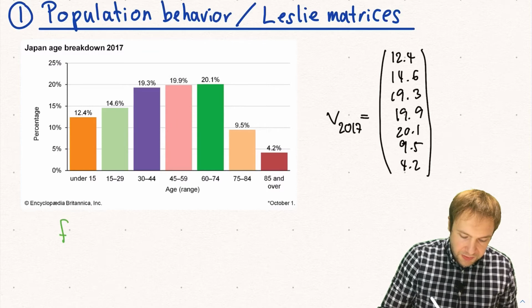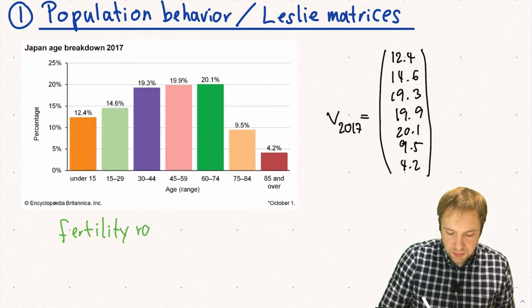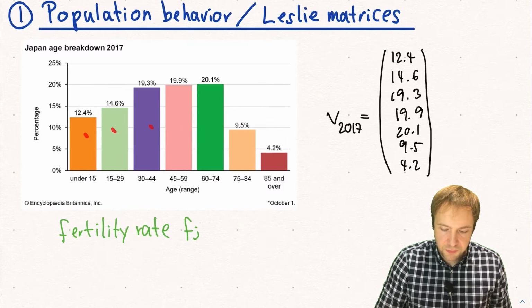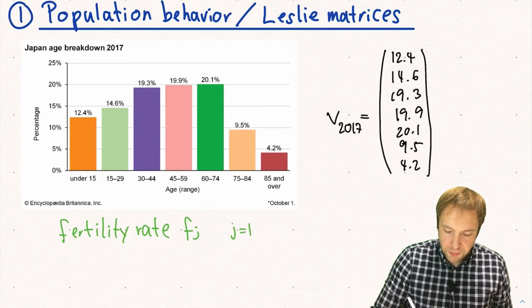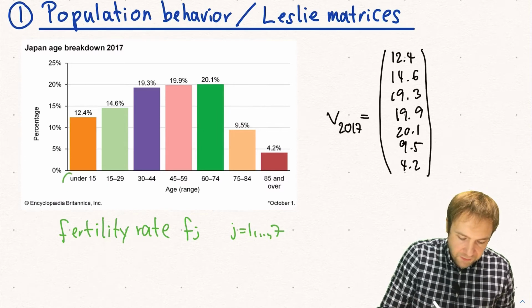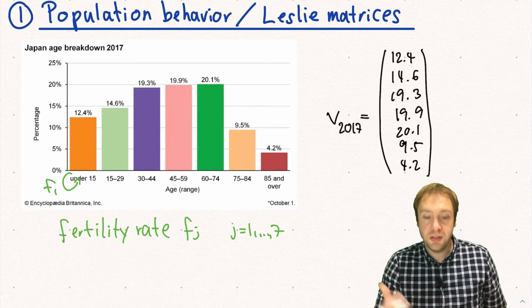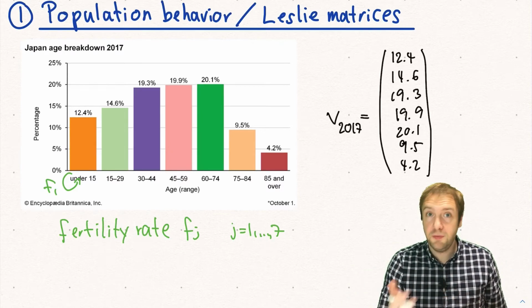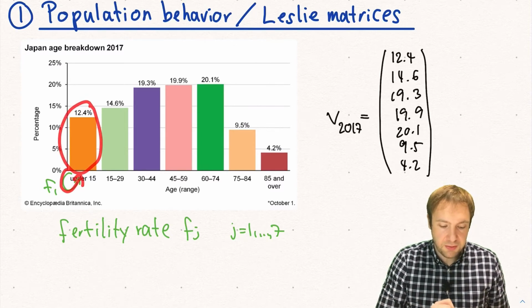So we have a fertility rate, meaning how much birth is given for each group. In this case we have 1, 2, 3, 4, 5, 6, 7 groups. So this fertility rate is for 1 to 7. And what this means is, F1 gives a factor that after one generation, which in our case here means 15 years, tells how many of this group will again be in this group.